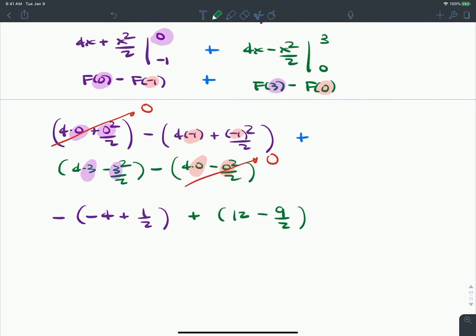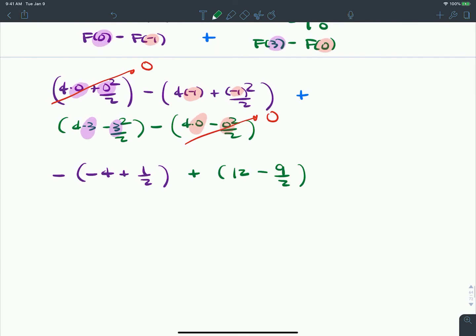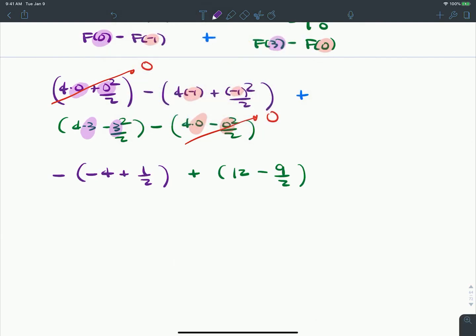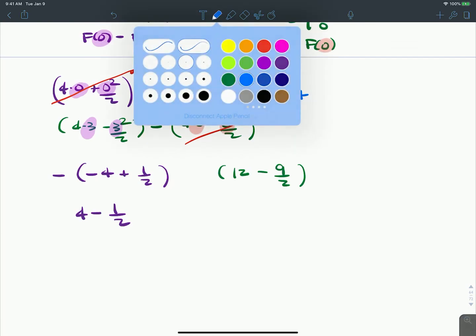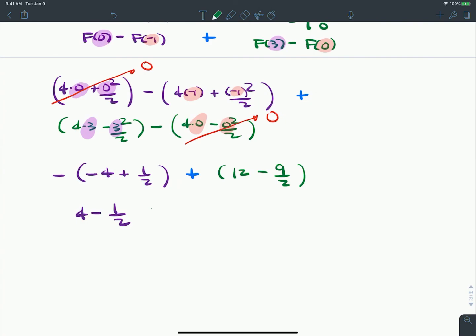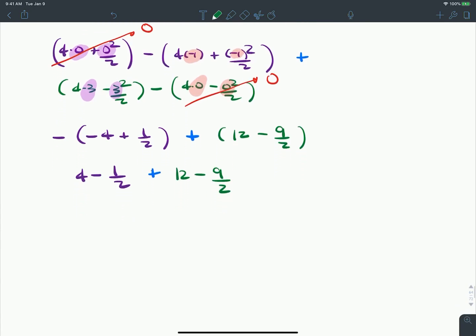So we looked at what was left here. And maybe it'd be best to just simply distribute here. You got 4 minus 1/2. Let's go back and put this plus in blue. And then in green, you have the following here, 12 minus 9/2. So we can combine like terms here.